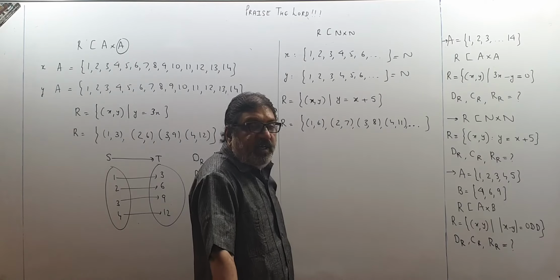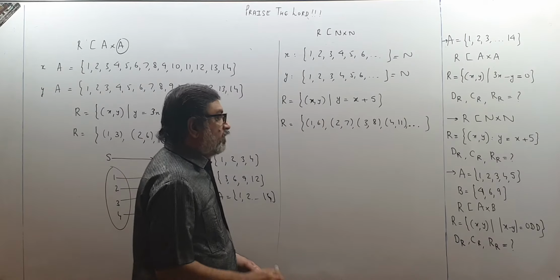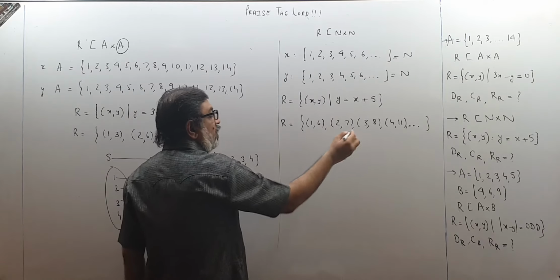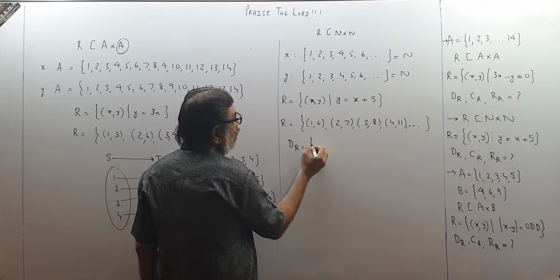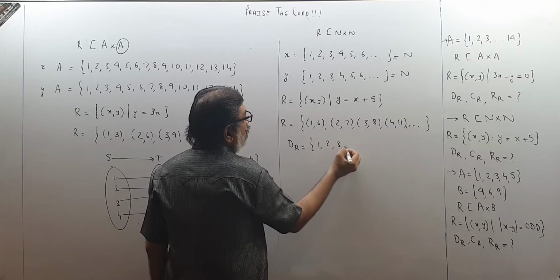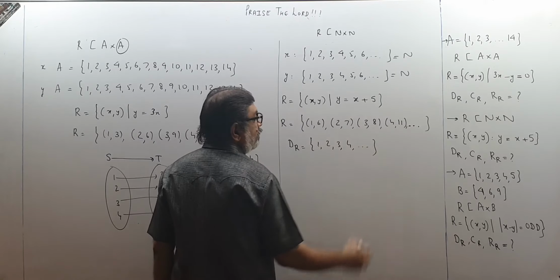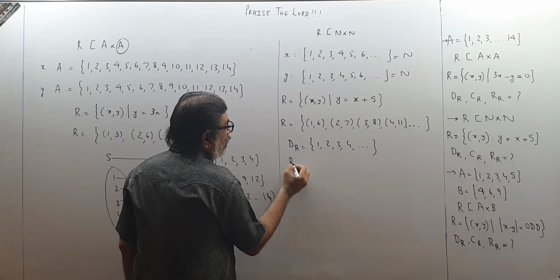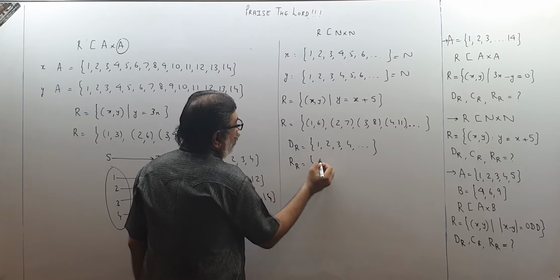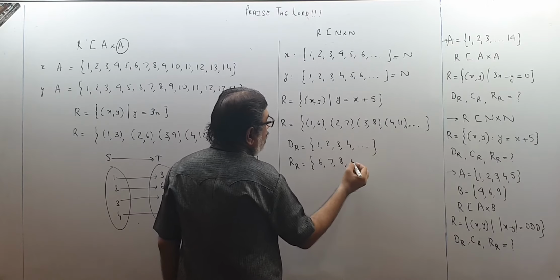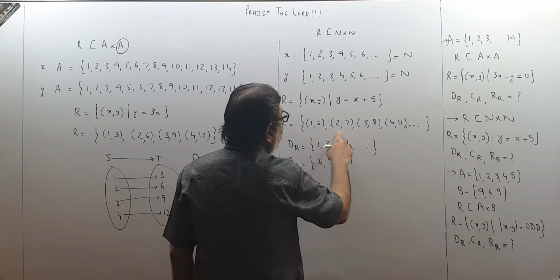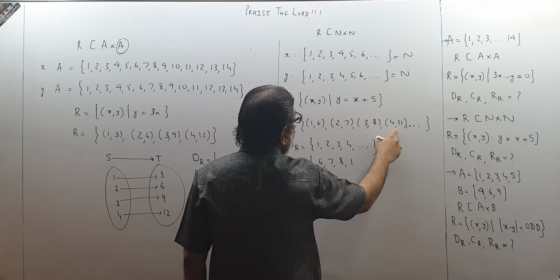It contains infinite elements. From this, I can make out the first elements will form the domain. So domain of relation will be 1, 2, 3, 4, and so on. Then range of the relation will be 6, 7, 8, and 4 plus 5 will be 9.